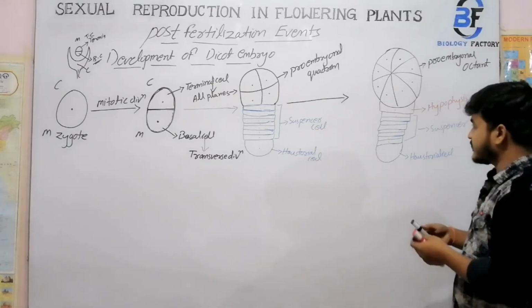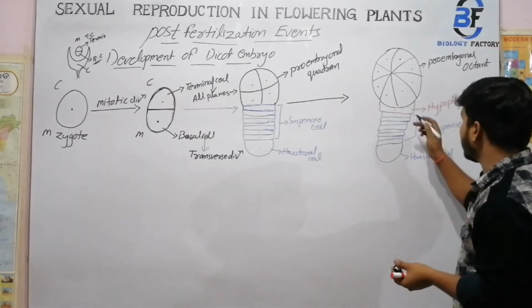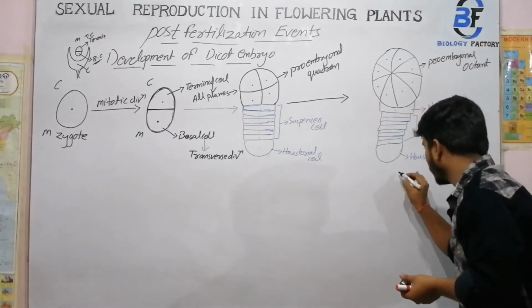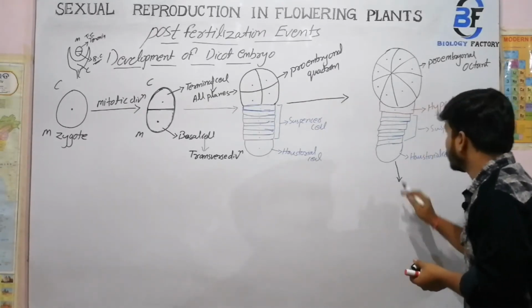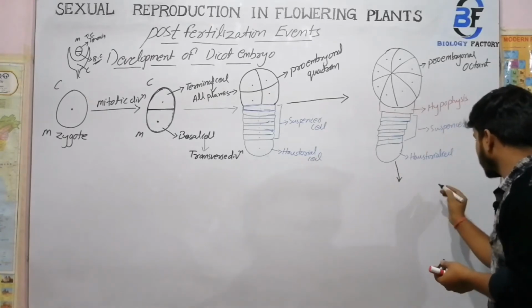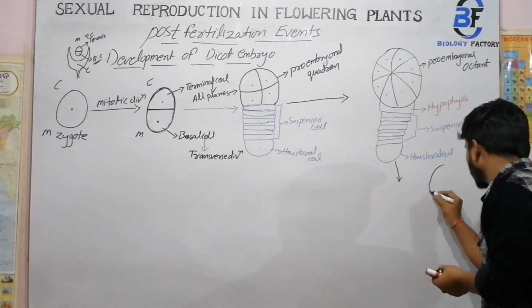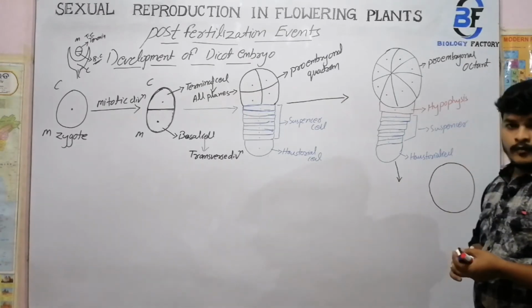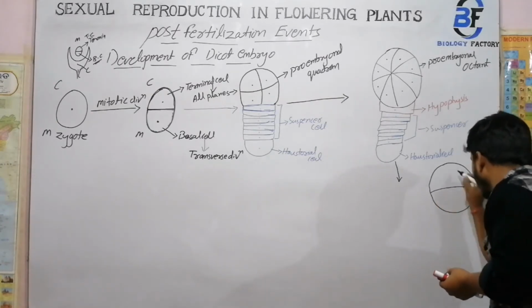The next stage is the formation of your dermatogen. That means a periclinal division takes place in your proembryo. We just continue with this class. So here is your proembryonal octant, that means your proembryo.